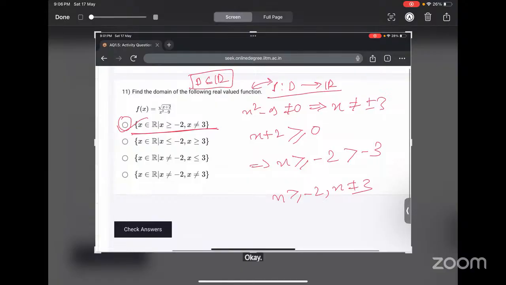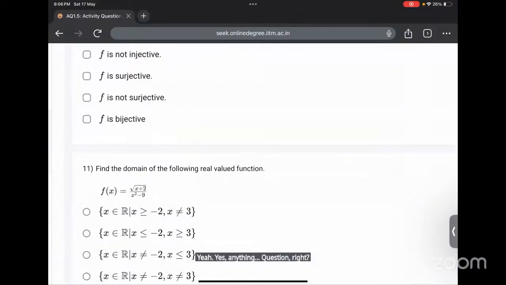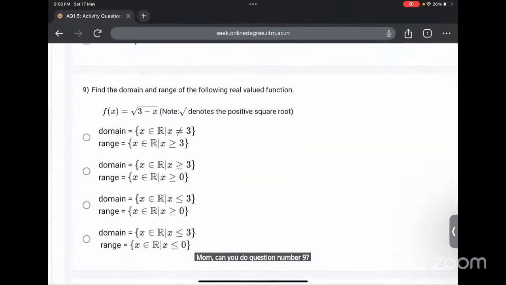Can you do question number 9? Okay, so again we have to find the domain and range of the function. What should be the answer first? Let me know, then just solve. Again, we have the root thing.